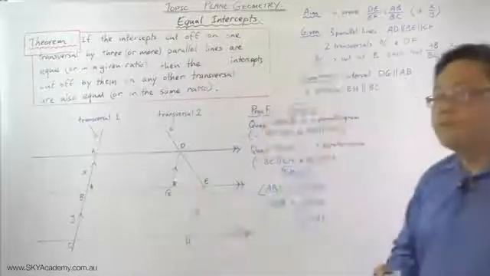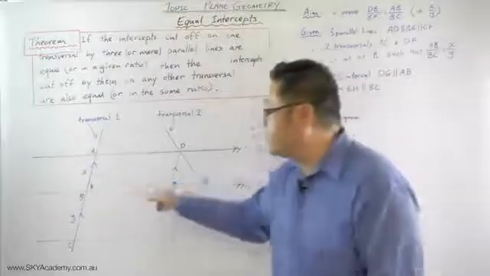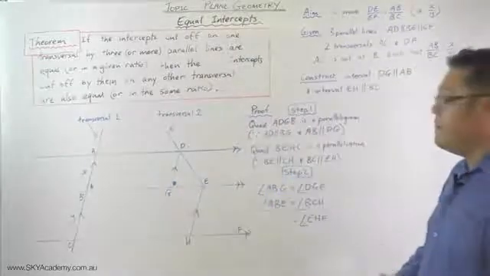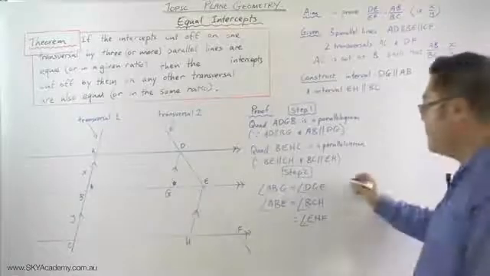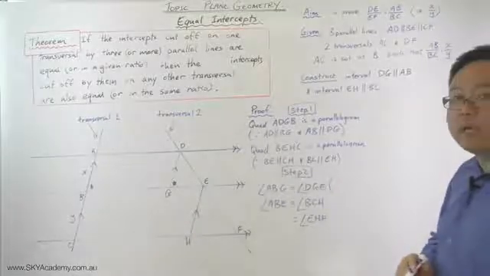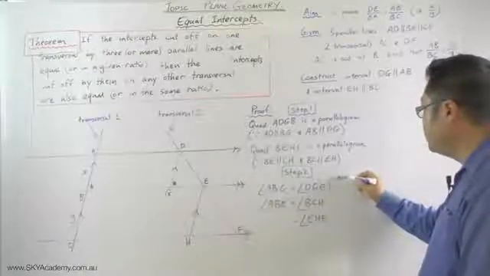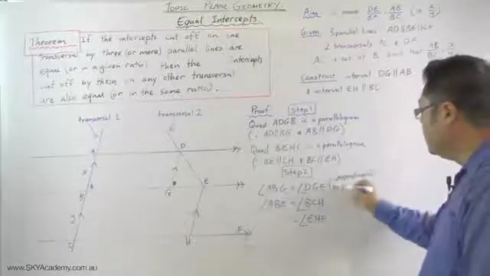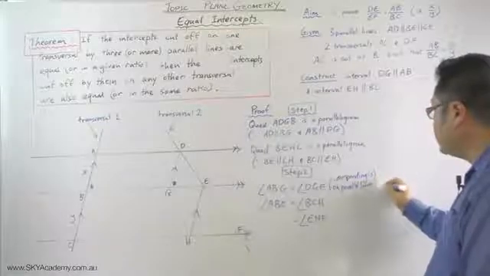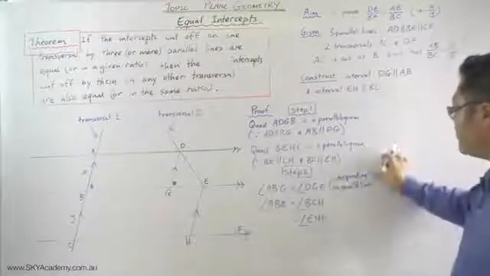Does that make sense? We're going to show that these two angles are equal, all right? Basically, the reason why they're equal is they're corresponding angles on parallel lines. Does that make sense? They're corresponding angles on parallel lines.